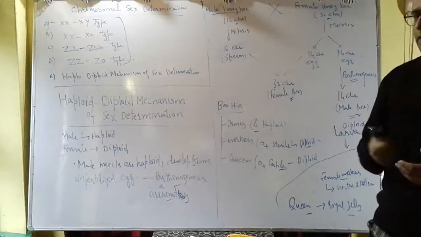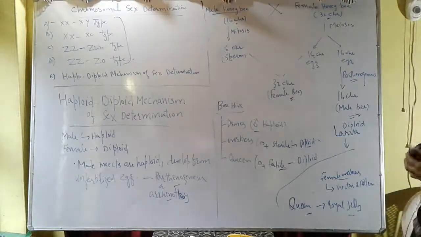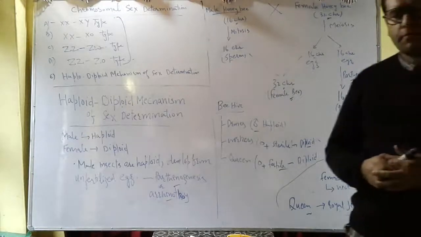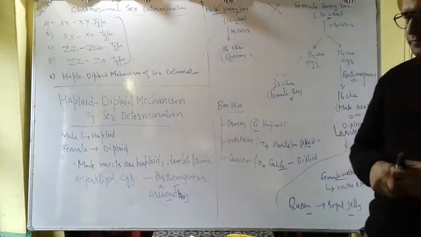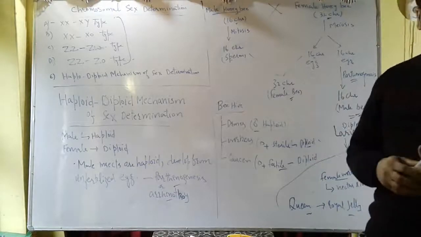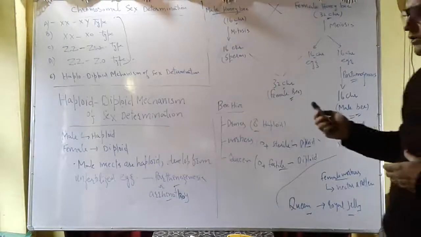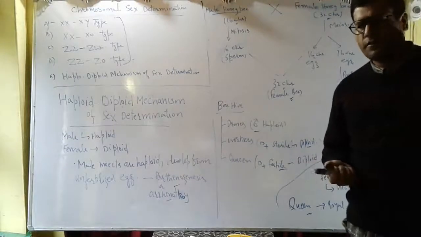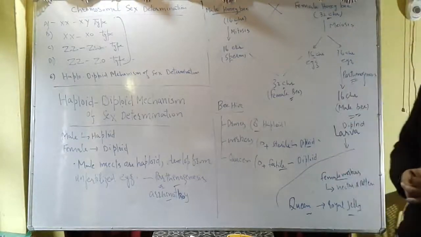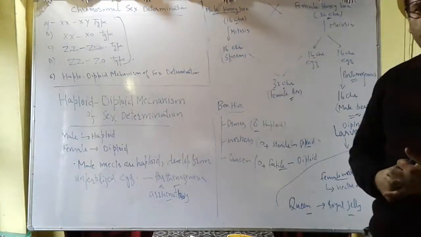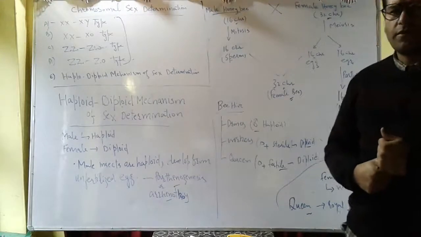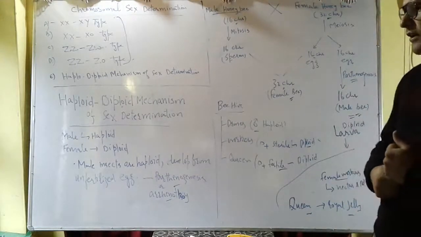The unfertilized egg will develop into the male bee, and the zygote will develop into the female. In honeybees, we have workers, drones, and queens. Drones are male individuals which are haploid. Workers are female individuals which are diploid, but sterile, and the queen is a diploid individual that is fertile.